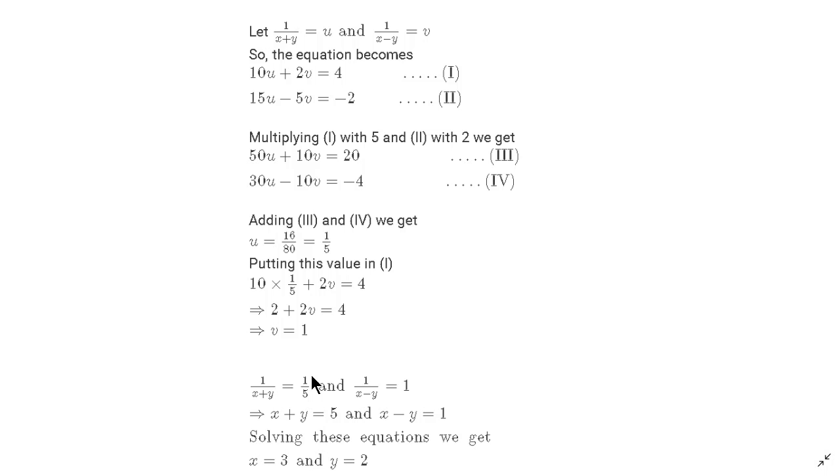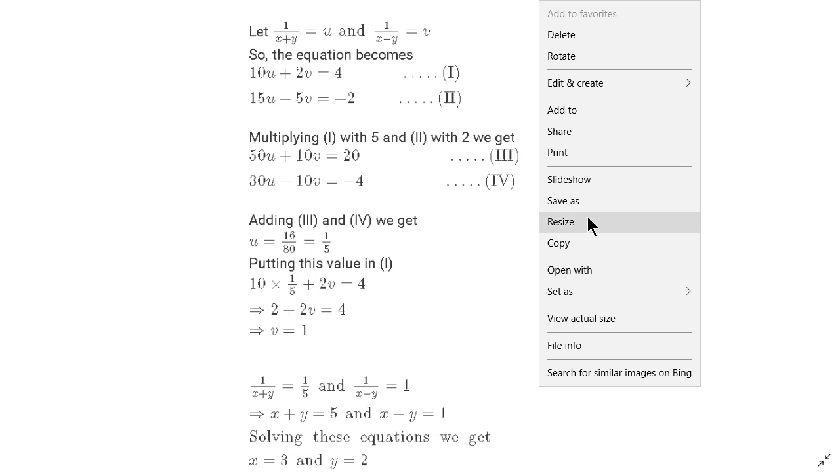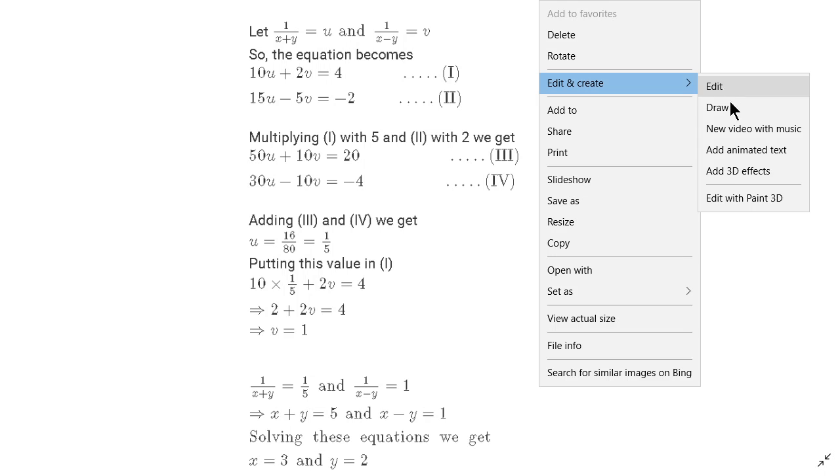So x plus y is equal to 5, and x minus y is equal to 1. These are linear equations again, so we will solve these equations.